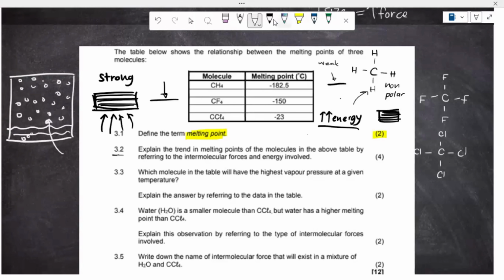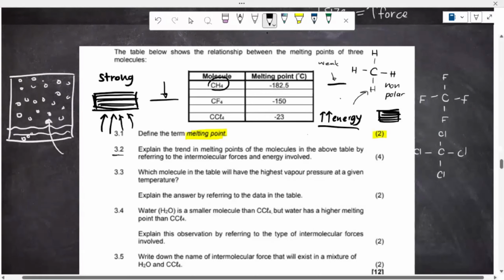This question I could see how some people would struggle to make that connection, especially since we're not really looking at boiling points. But with chemistry, you really need to always think to all the knowledge you have in application of the theory you've learned, right? So because my methane, which is this one, has the lowest melting point, I can assume that it has the lowest boiling point, meaning that compared to all of these, at any given temperature, this is most likely the one to be boiling already, right?